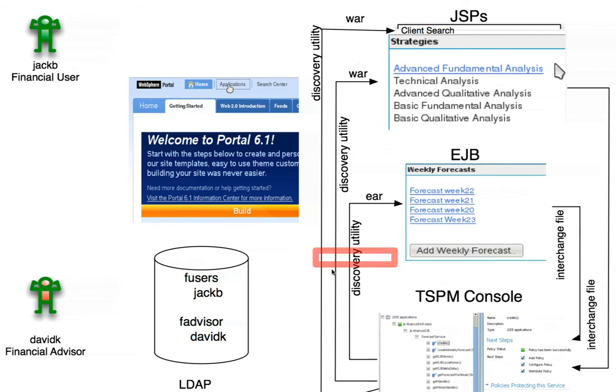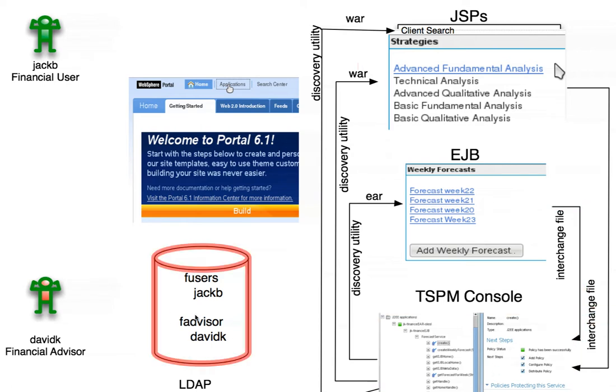Same thing with the discovery utility that we have for EAR files, for EJBs. This is, for example, an EJB application that controls who can add weekly forecast into a database. Again, bring that information in an interchange file, and bang, now I know about all those applications.